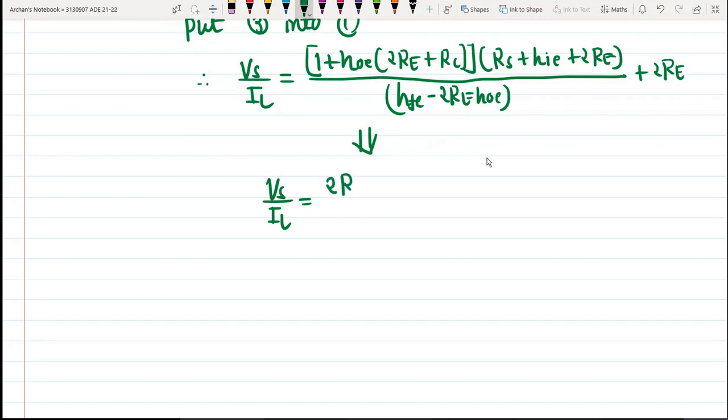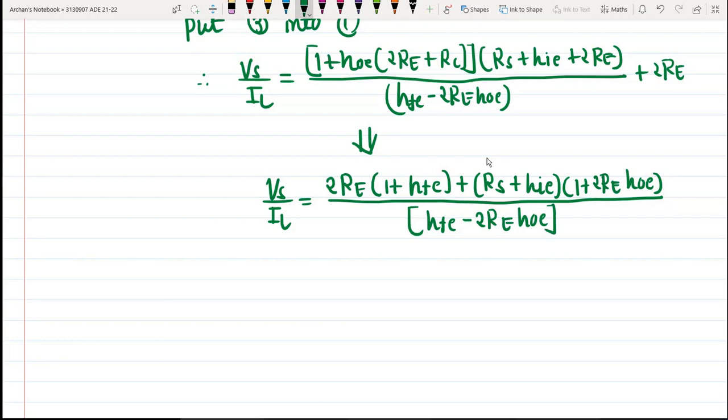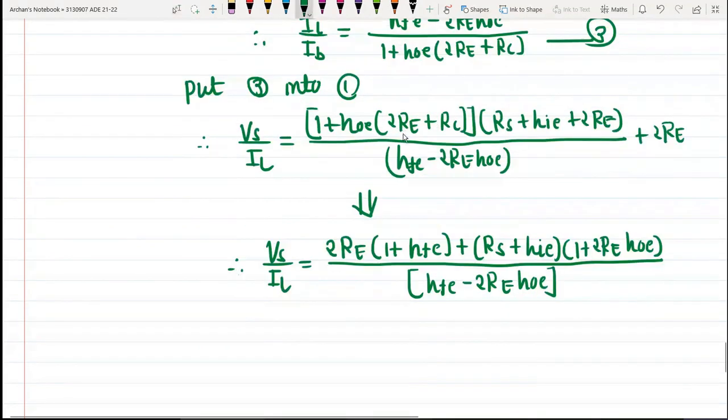Okay, you have to derive this equation. 2RE into 1 plus HFE plus RS plus HIE into 1 plus 2 times RE HOE, divided by HFE minus 2RE HOE. Okay, so from these equations take the LCM and simplify the terms, you will be able to get this equation. Okay, let us call this equation as equation number 4.